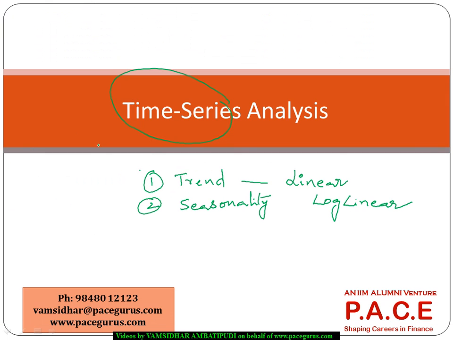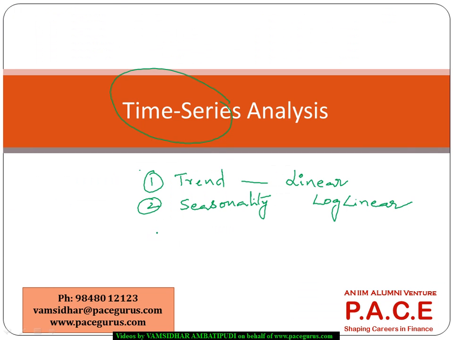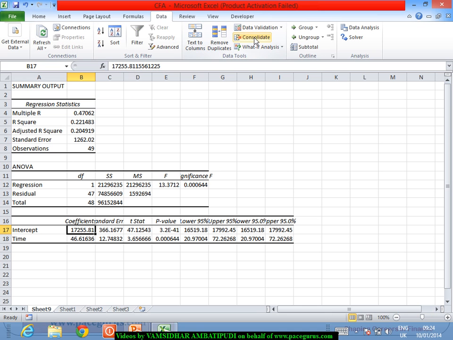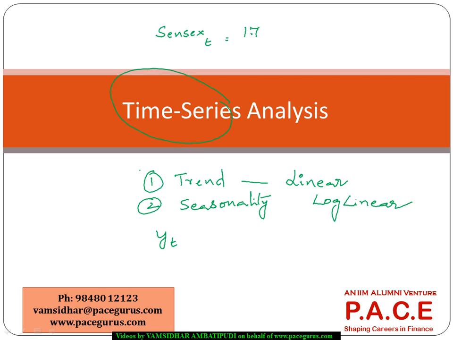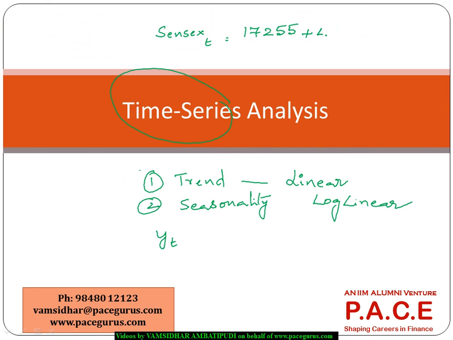So I could write this equation as Sensex at point T is 17,255, rounding it off, plus 46.61 times the time. This is the equation.